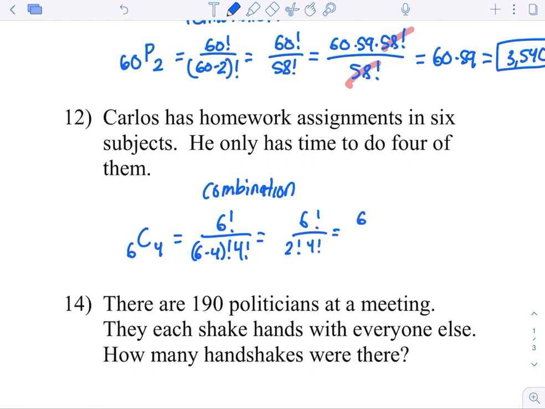So for the 6, I'm going to stop all the way to 4 factorial. This 2 factorial is going to be 2 times 1. Cancel the 4 factorial. So if you cancel here, the 2 goes into the 6 3 times, so 3 times 5, which is 15.